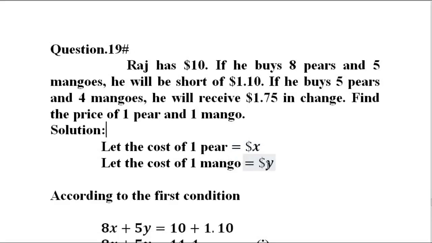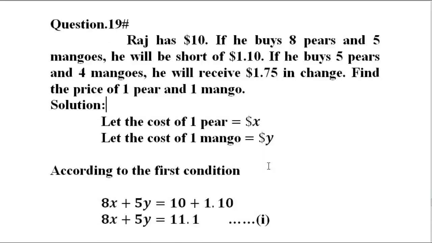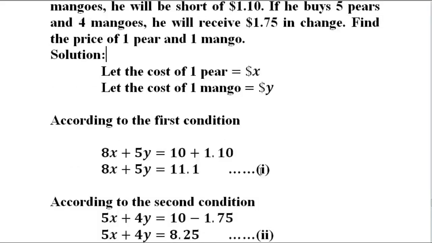Now the first condition states that if Raj buys 8 pears and 5 mangoes, he will be short of $1.10. Therefore, we can write this statement in the form of an equation as 8x plus 5y equals $10 plus $1.10.